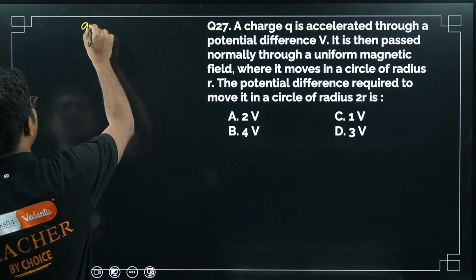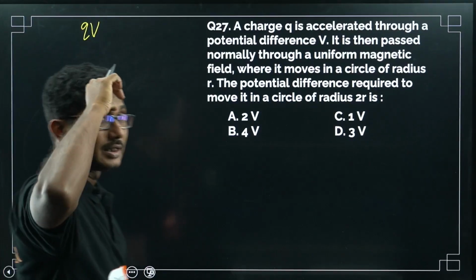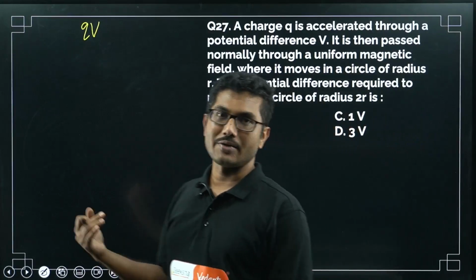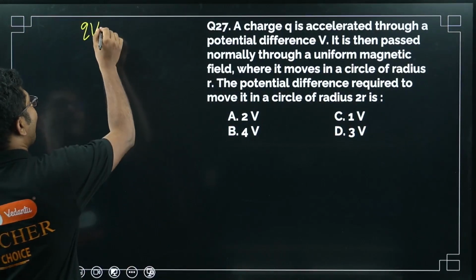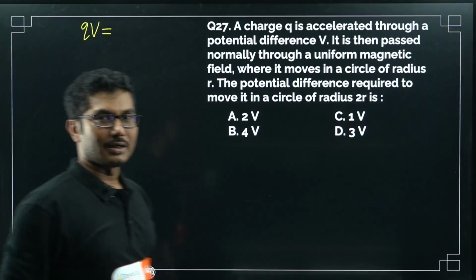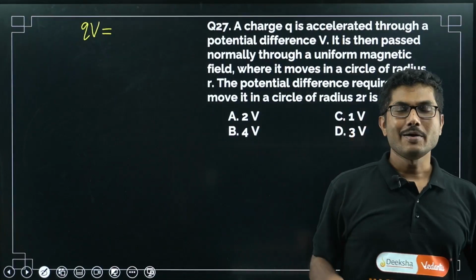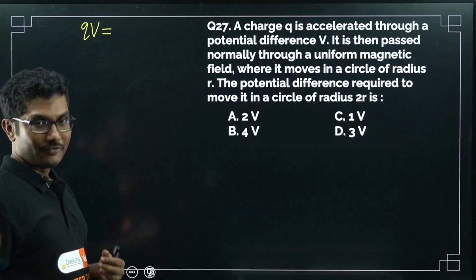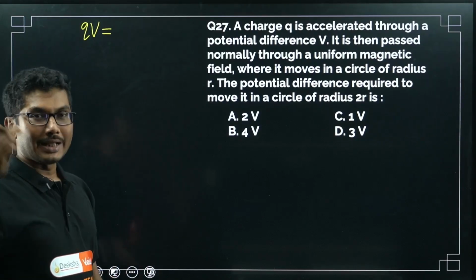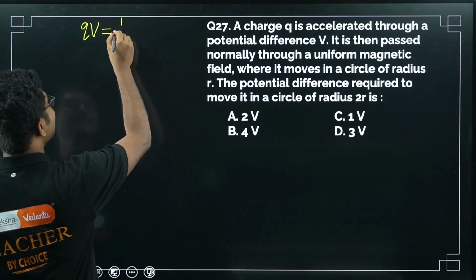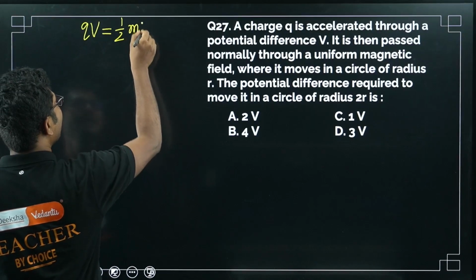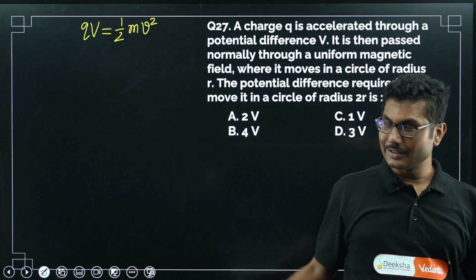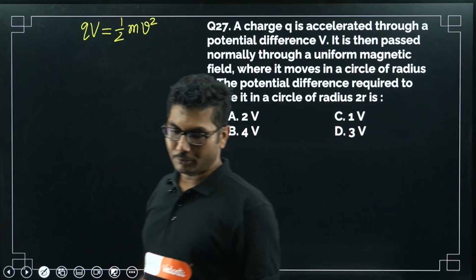The energy of that particle is given by Q times V. Force is Q times E, energy is Q times V. Now when it is coming out of the potential, it has a velocity. Suppose that velocity is small v. Then its energy is half m small v square.